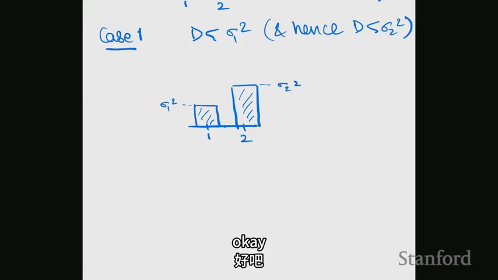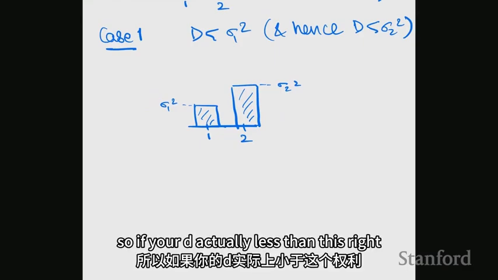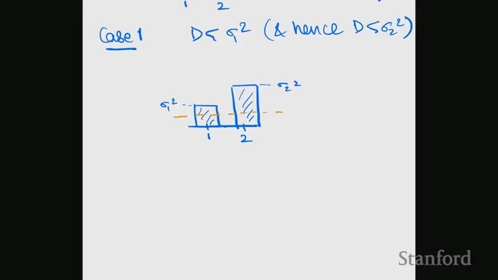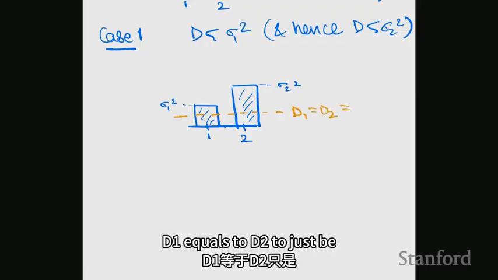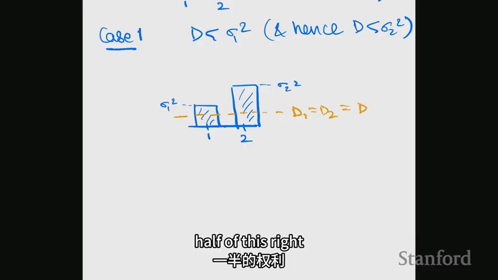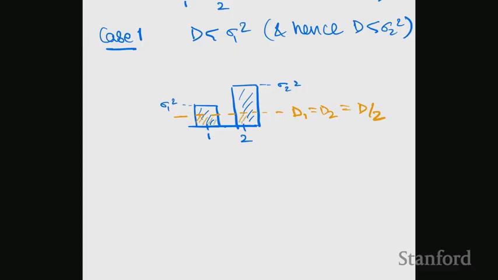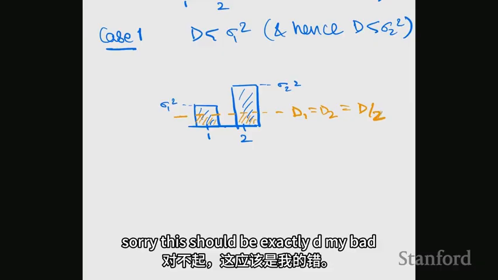Okay. So if your D is actually less than this, then I can split my D1 equals D2 to just be exactly D, my bad.